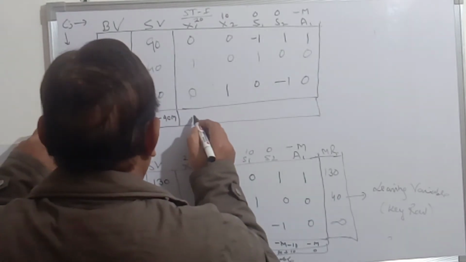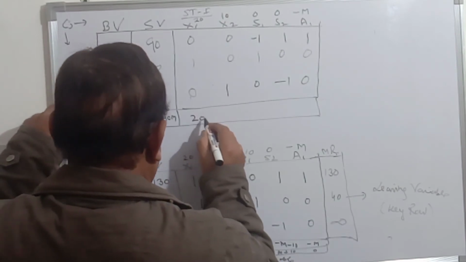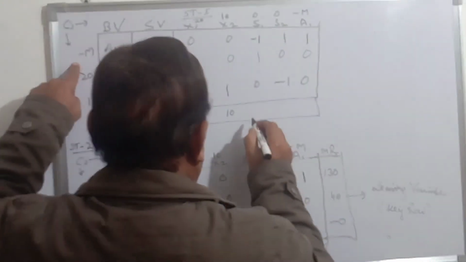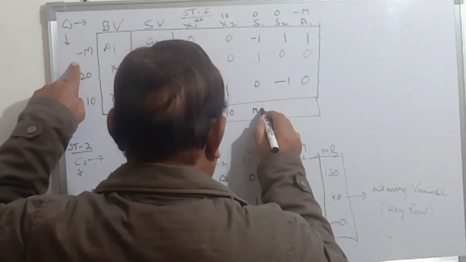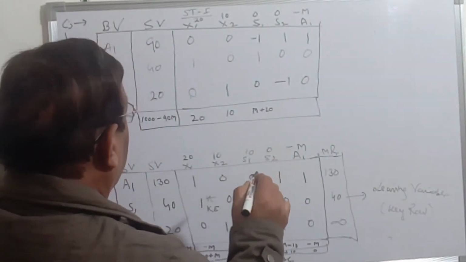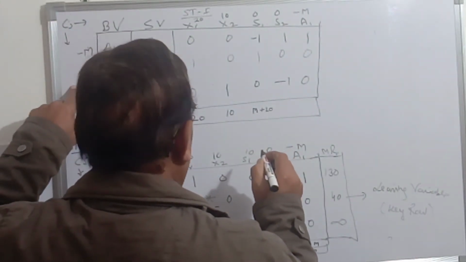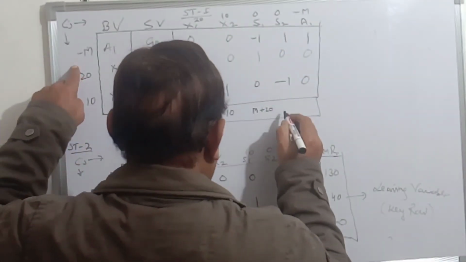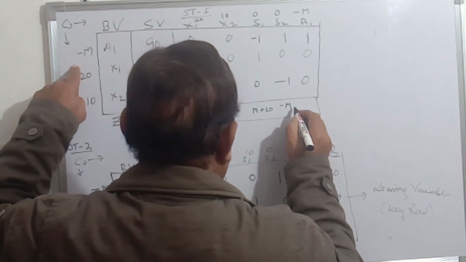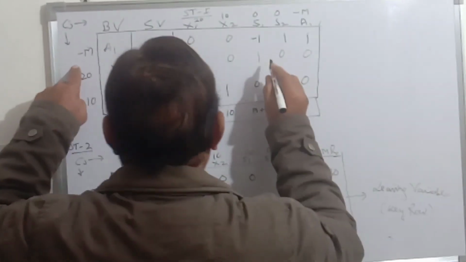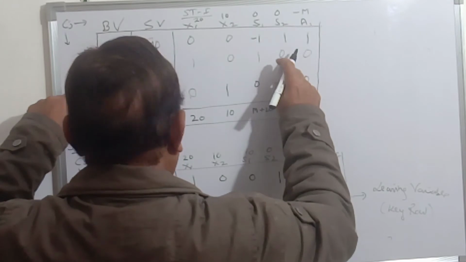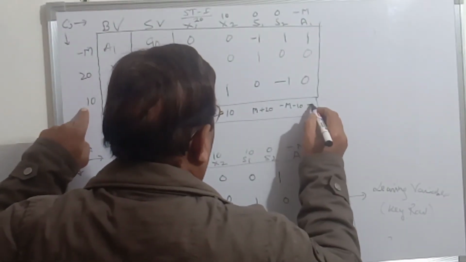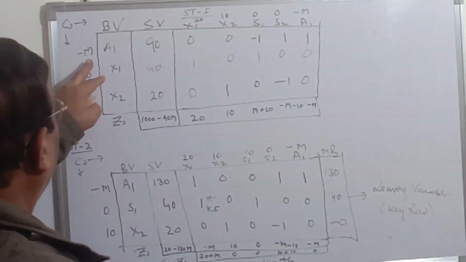So this is 20, this is 10, this is m plus 20, this is m plus 20, and this is minus m minus 10, minus m, this is 0, this is minus 10, and this is minus 20, minus m into 1.